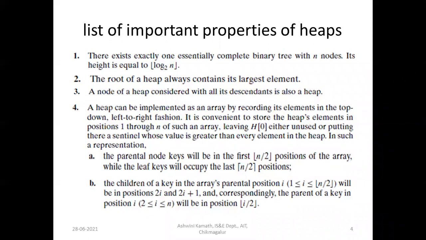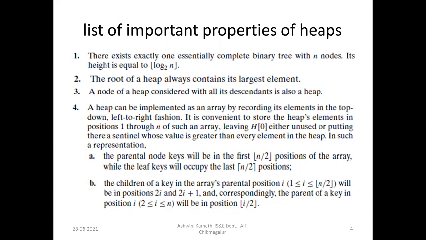Correspondingly, the parent of a key in position i will be in position floor of i by 2. For example, the parent node of position 3 will be 3 divided by 2, which gives 1.5. Ignore the fraction, so it will be 1. The root is in position 1.